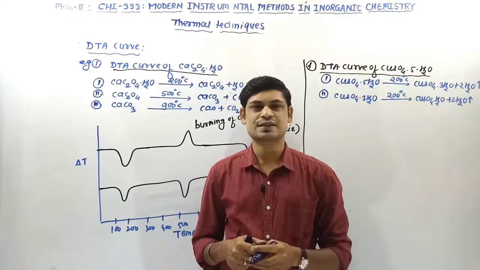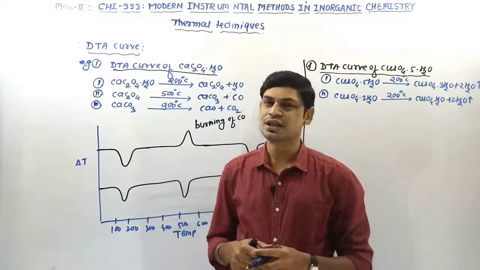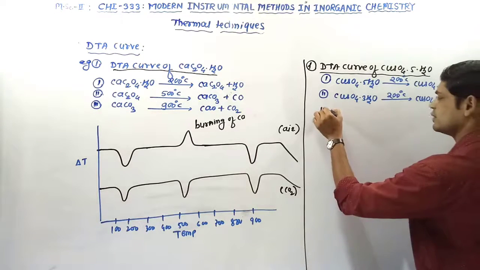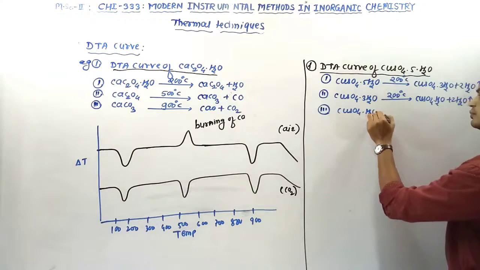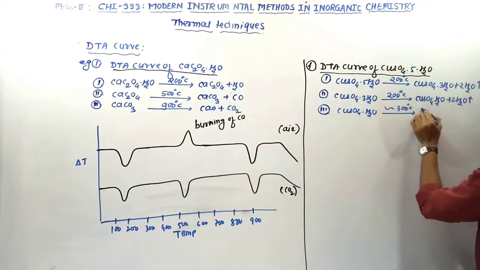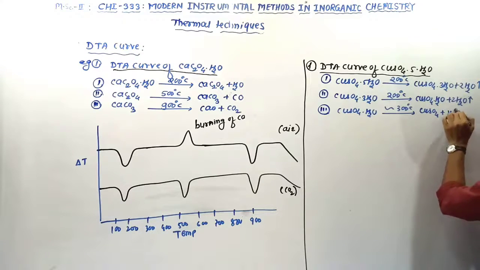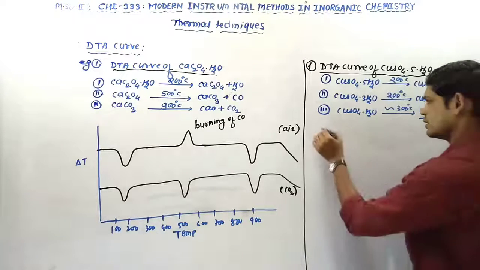And in the third case, around 300 degrees Celsius, the rest of the water molecule will be lost, and we will get anhydrous copper sulfate.